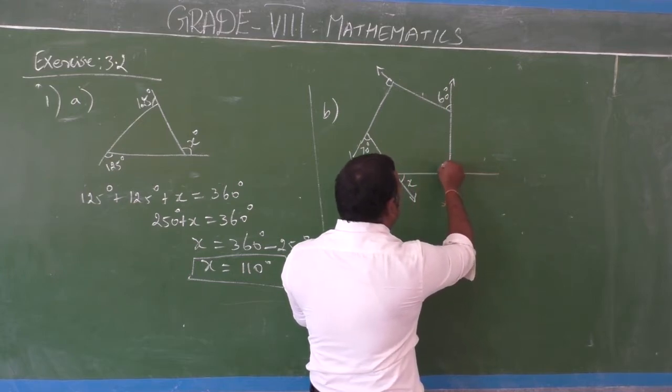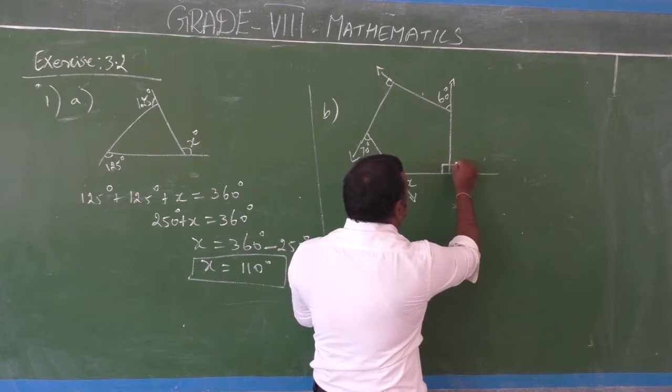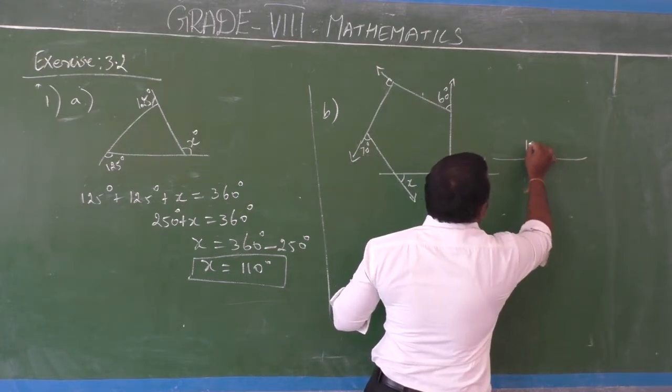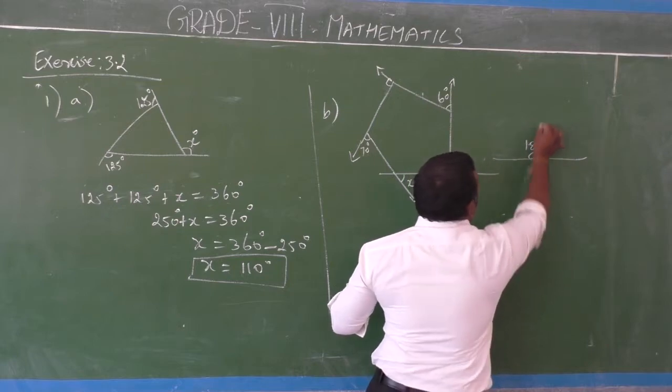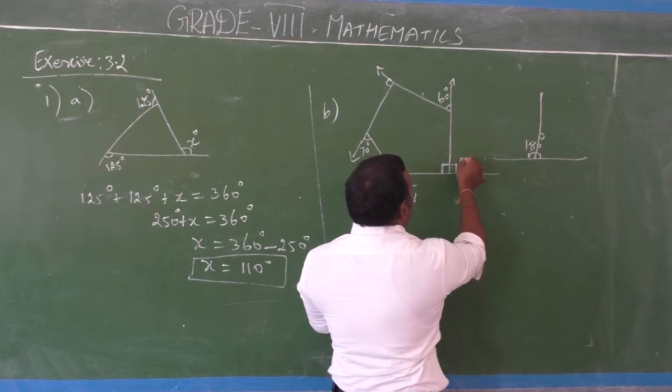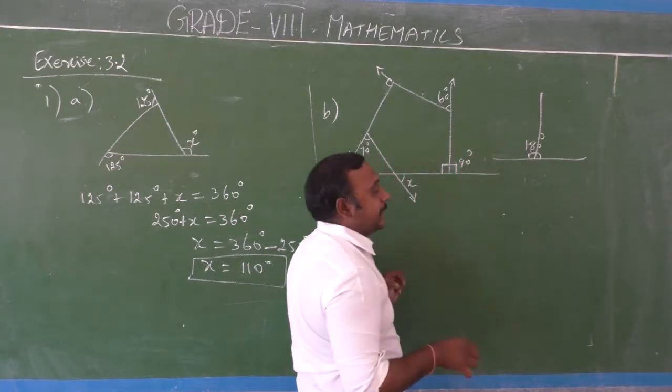If one angle is 90, what about the other? In a straight line, the total should be 180 degrees, so if one is 90, the remaining one is also 90 degrees.